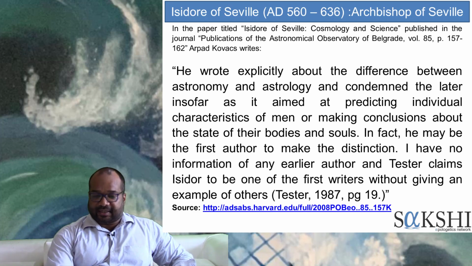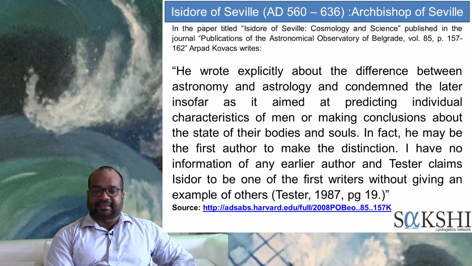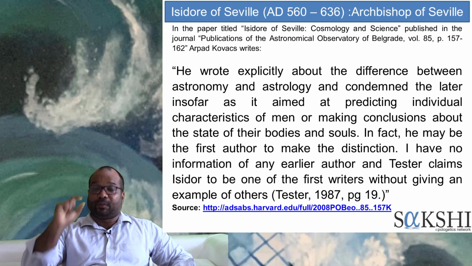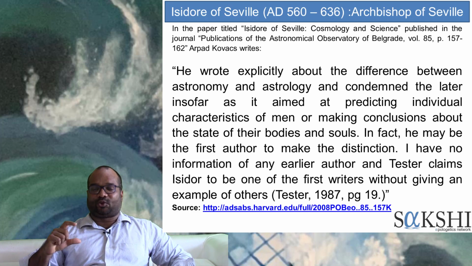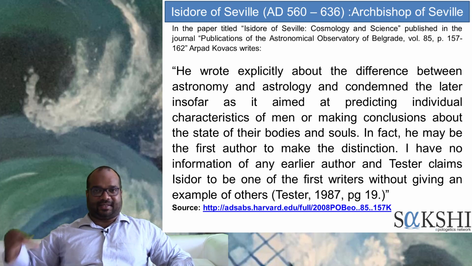And in the etymologies, the most interesting part is he clearly distinguishes between the good part of the astrology, that is the mathematics, Ganita, as we Indians call, and the remaining horoscope and others.